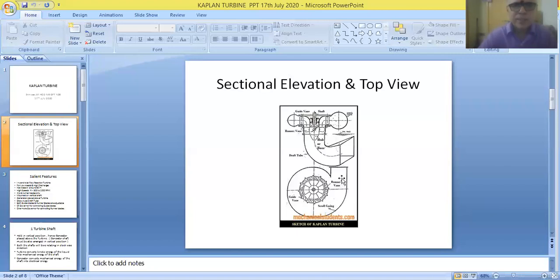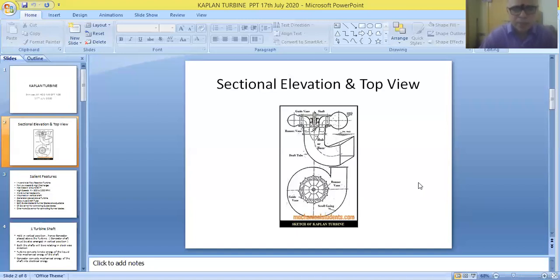Friends, this is the inlet of the casing shown. This has to be taken as the inlet of the casing, and the inlet of the casing is fitted to the pipeline that is coming from the head race reservoir.